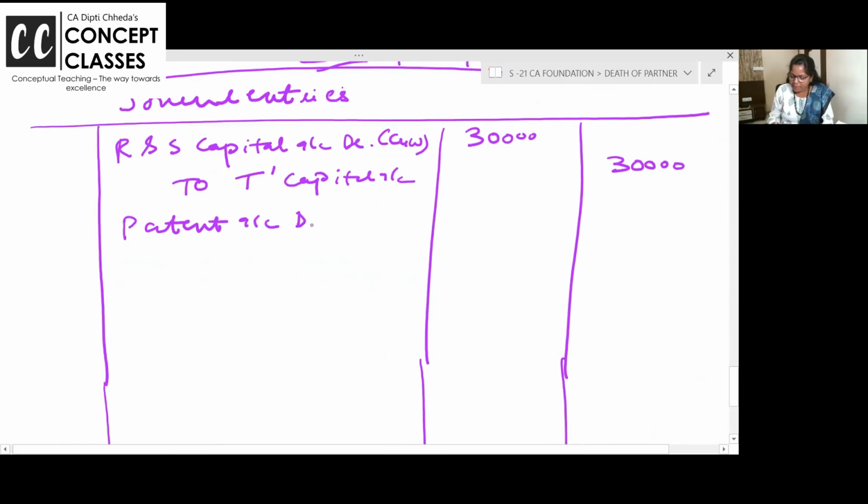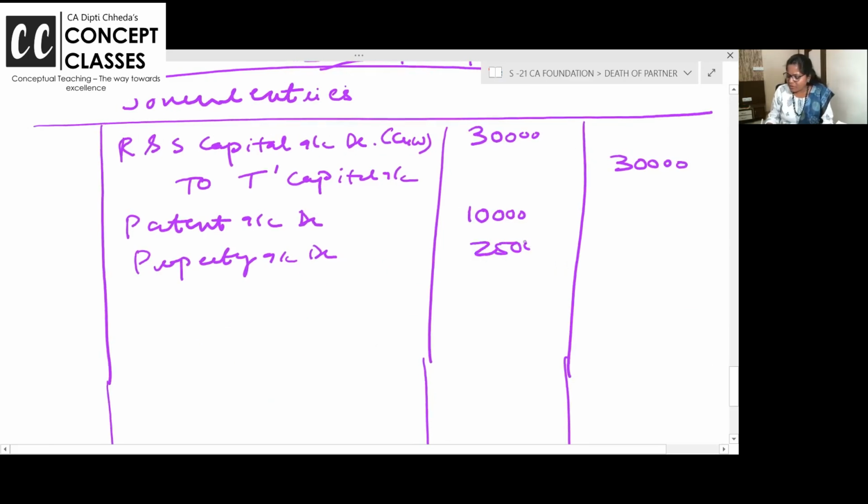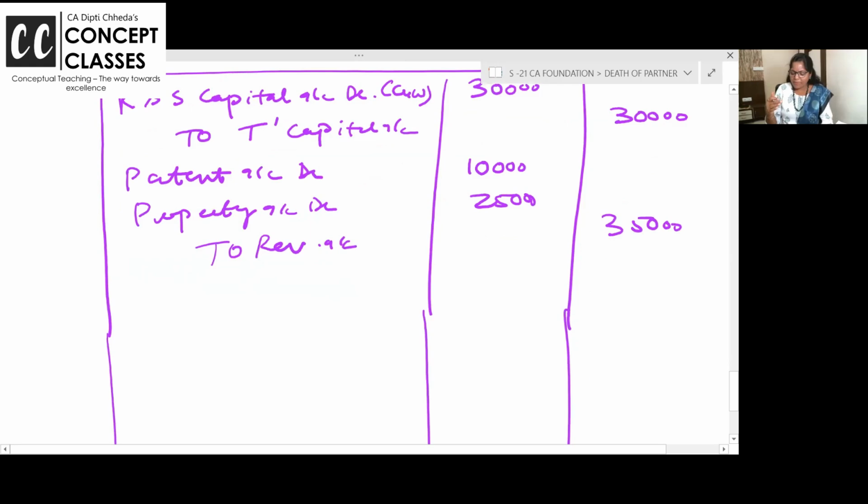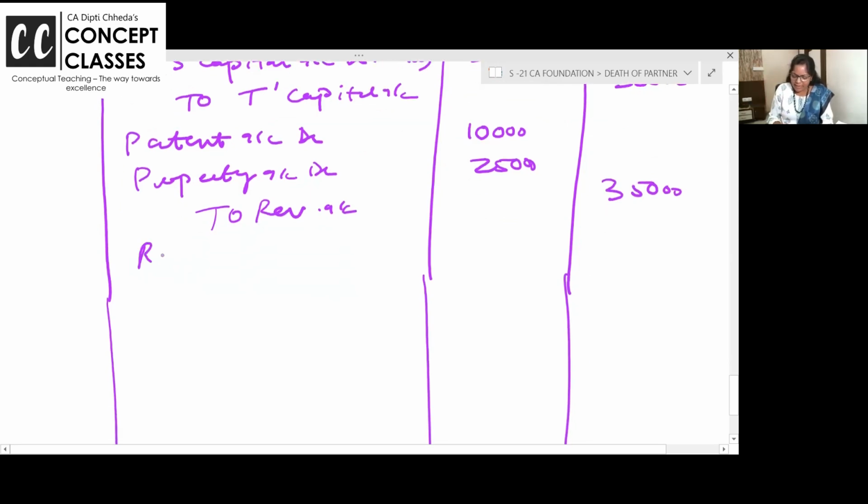Patent account debit, you are increasing the value. Property, you are increasing the value. Don't do all debit credit together. To revaluation account 35,000. Bring it. Increase the value of property, increase the value of patent and bring it.